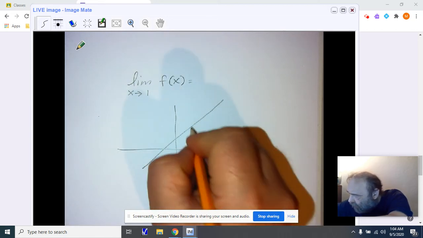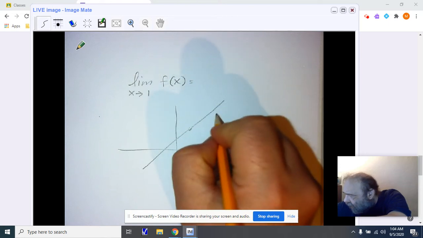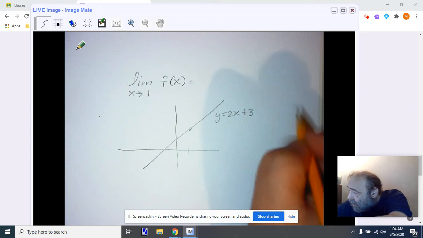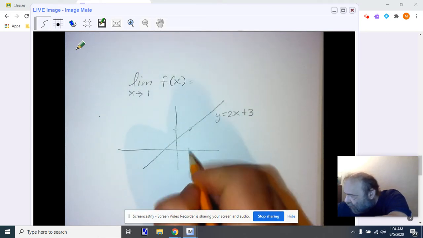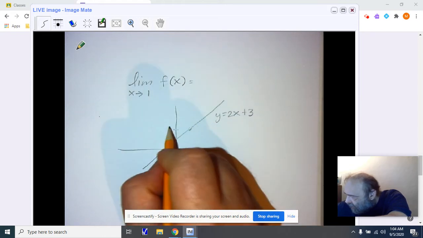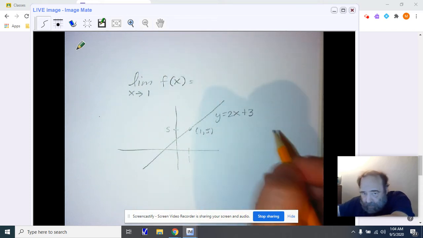Here we have an example where we're approaching 1, and this equation is y equals 2x plus 3. Notice that my y value will be my limit when I plug in the 1. I plug in the 1, my answer comes out as 5, and you'll notice this is the y value of the point.